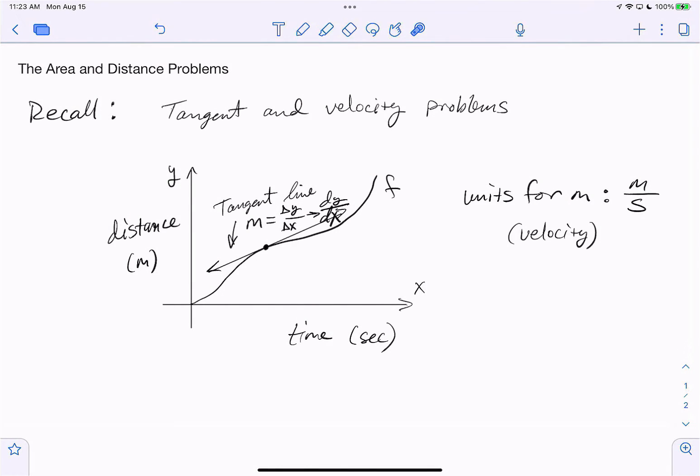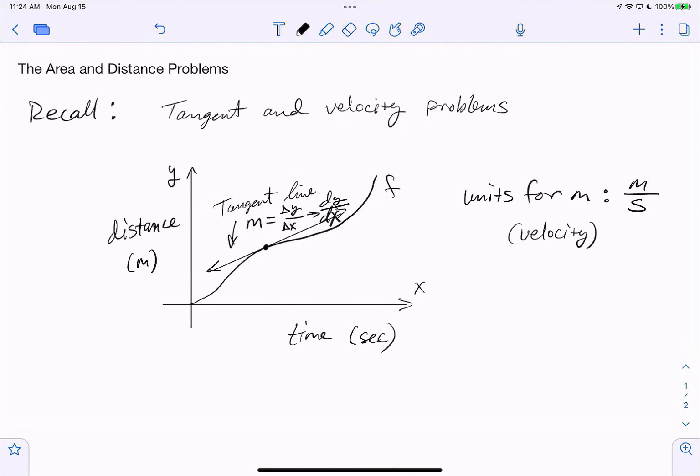So depending on context, the derivative of a function can represent the velocity of some particle moving in a way that's described by the function. But more generally, the derivative is a function that gives us the slope of a tangent line.